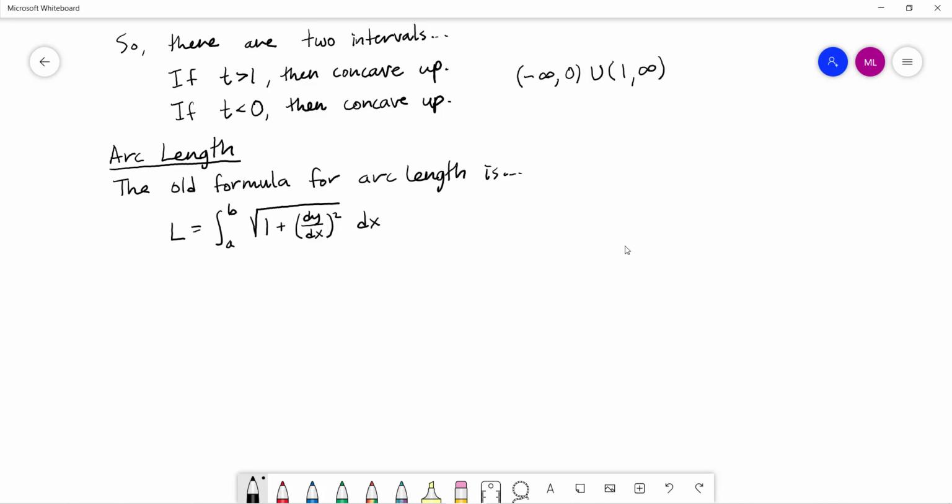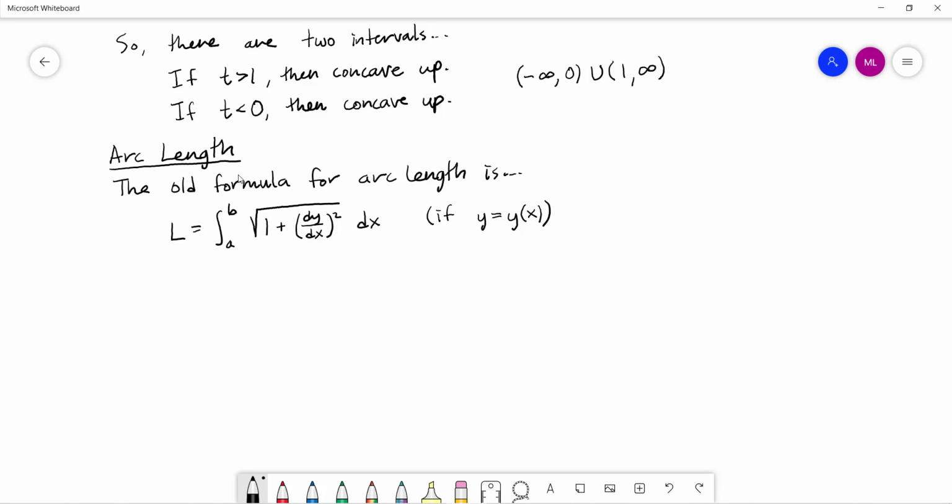And this is if we know y as a function of x, right? So basically, if we have y equals f of x or g of x or something, we have y explicitly solved for as a function of x. Then we use this formula.